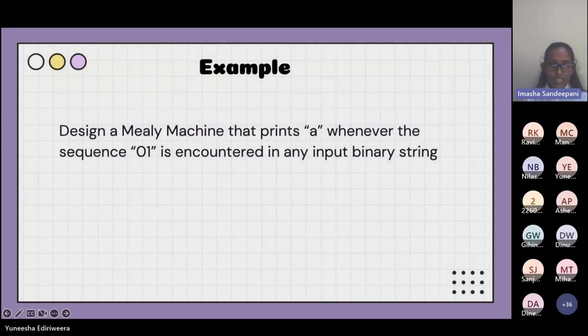Next slide. Once again, Gihini will use an example to show how a solution to a problem can be built and used in a Mealy machine.